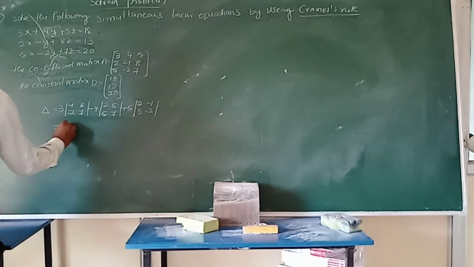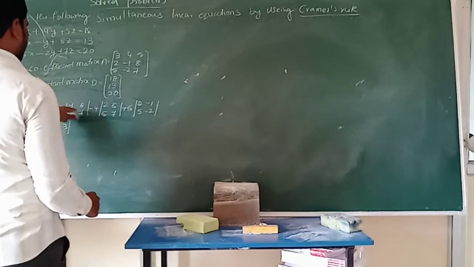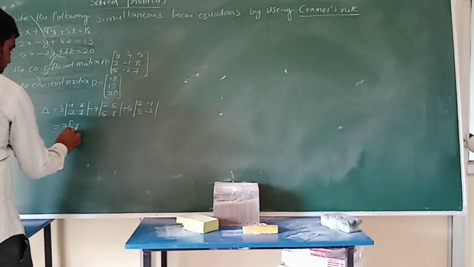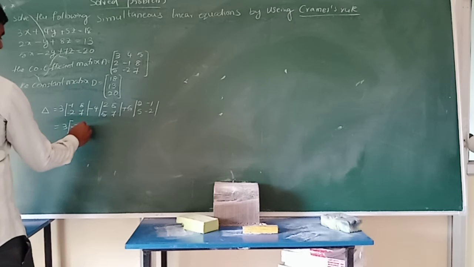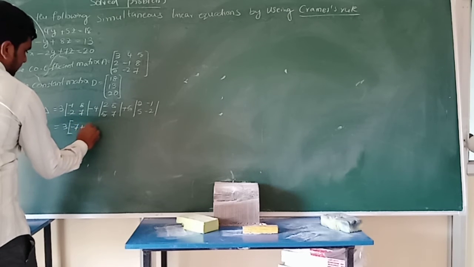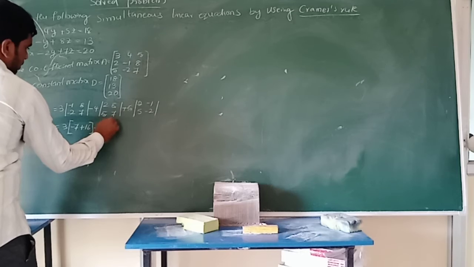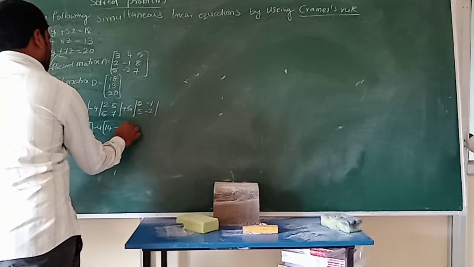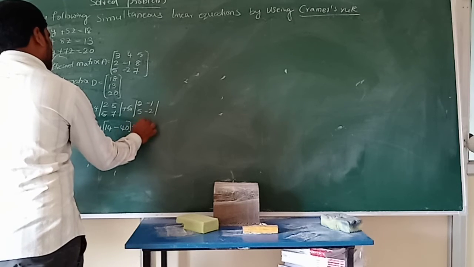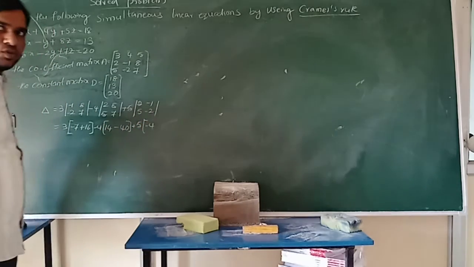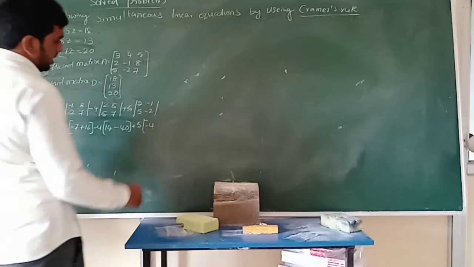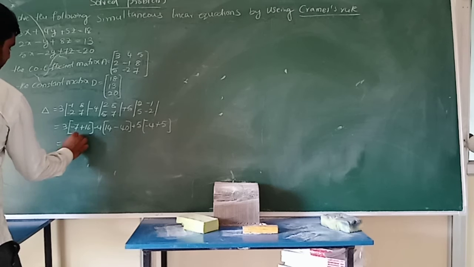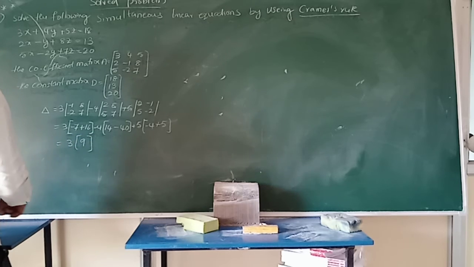That is equal to 3 into (7 ones are minus 7, 8 twos are 16, that is plus 16), minus 4 into (7 twos are 14, 8 fives are 40), plus 5 into (2 into minus 2 minus minus 5). That is equal to 3 into 9.